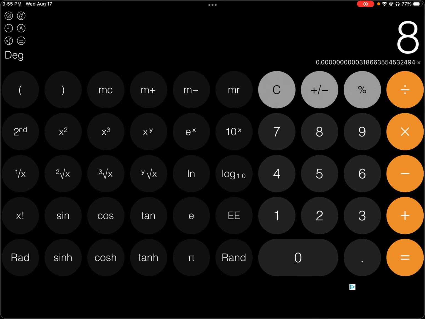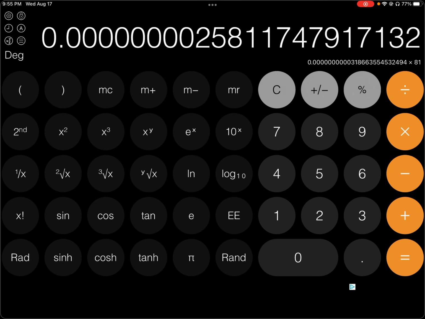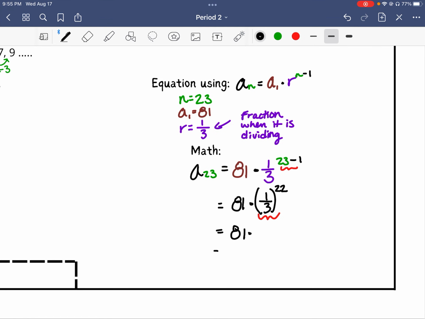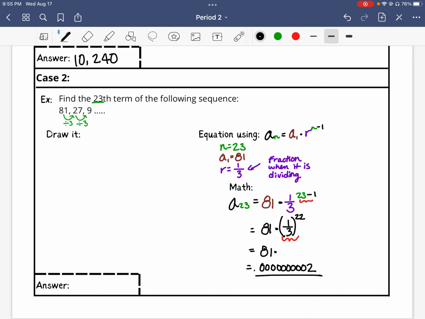So I'm going to do times 81, and I get this very, very tiny fraction, but it is my answer. And it makes sense because look, we have 81, 27, 9. It's just going to keep getting smaller and smaller.